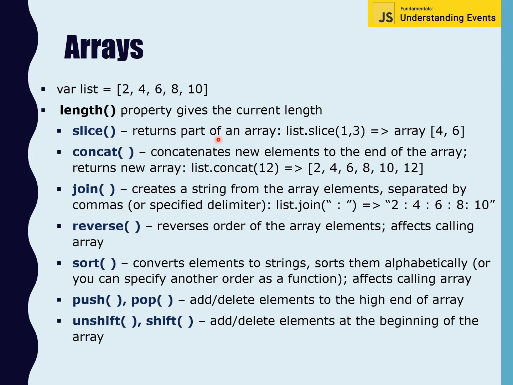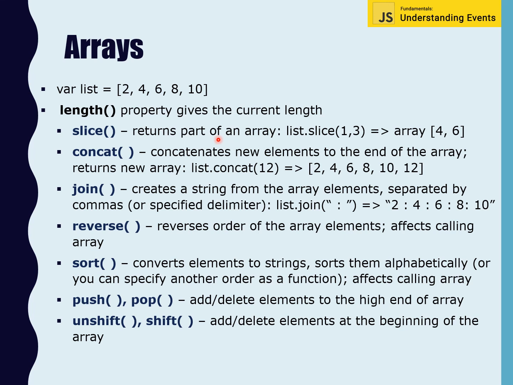Then concat. Like other programming languages, this function is used to concatenate new elements to the end of the array, and it returns a new array. An example is list.concat(12). Here 12 will be appended to the end of the corresponding array, so our new array becomes 2, 4, 6, 8, 10, 12.